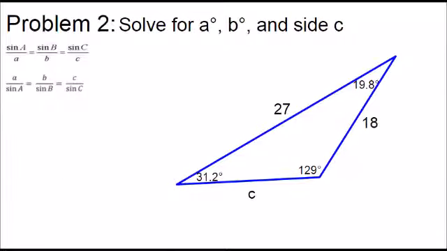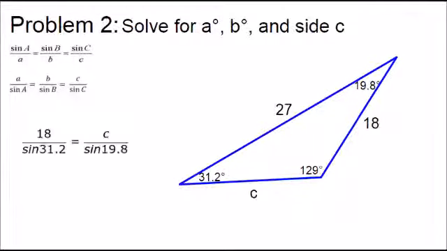Only thing we have left to solve for is side C, so we're going to set up a proportion with the sides and angles. So 18 over sine 31.2 equals C over sine 19.8. You could also use 27 over sine 129, but it doesn't really matter as long as you're consistent.